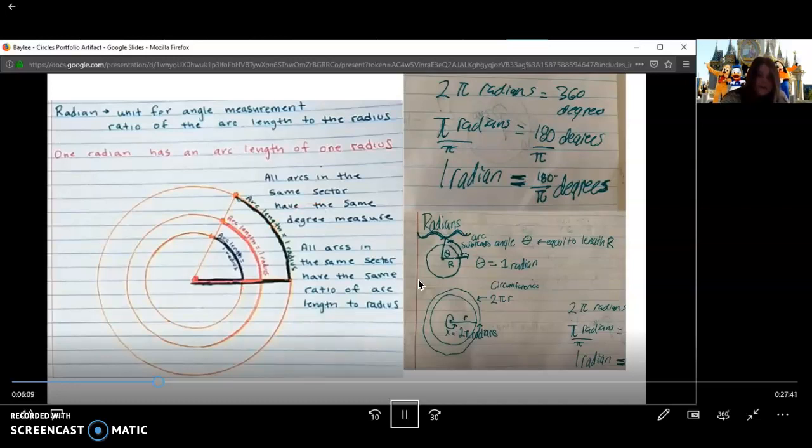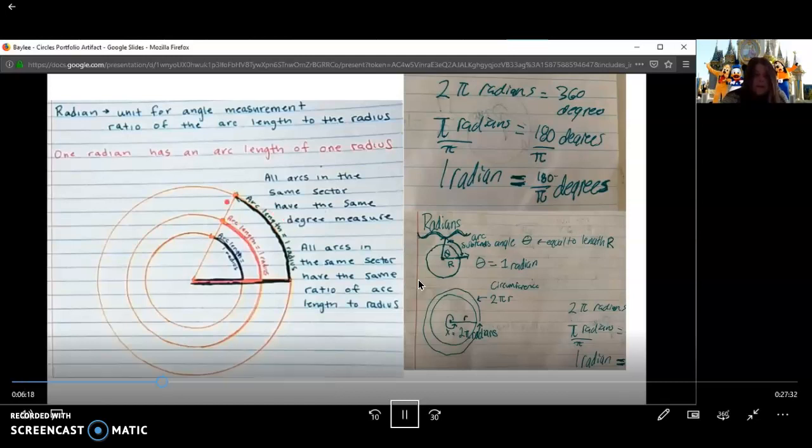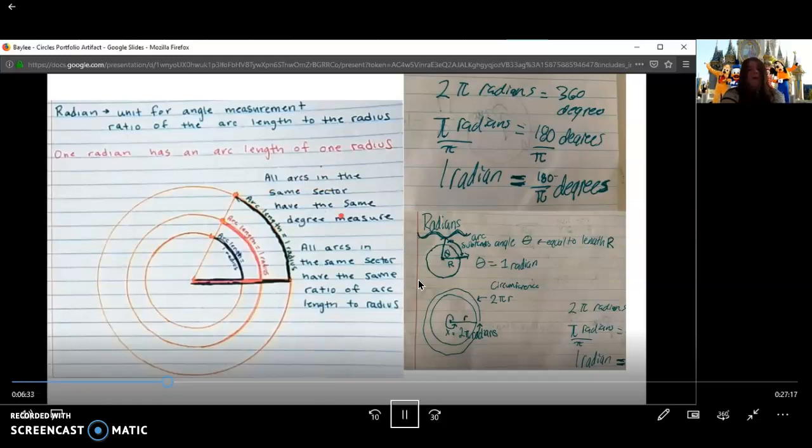So if they said a radius of 2, then you would try to figure out how many of these radiuses could go into this portion of the circle there. 1 radian has the arc length of 1 radius, so it's all the same. All arcs in the same sector have the same degree measure.